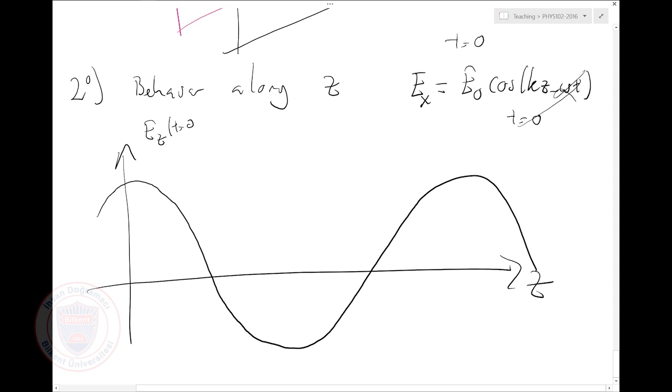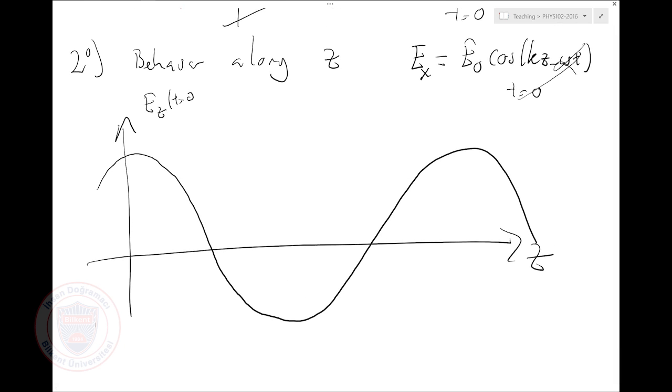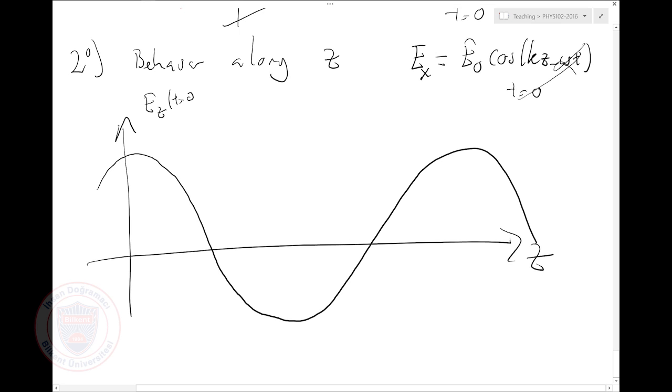What happens if I plot it a little bit later? What happens if I plot at time not exactly 0, but let's say 0.1 times 2 pi over omega? Why do I choose 2 pi over omega? Because I know this is some sort of period.